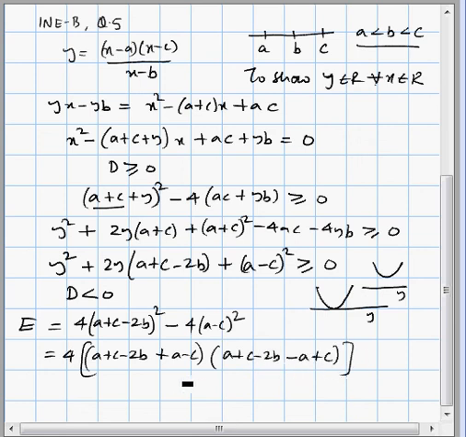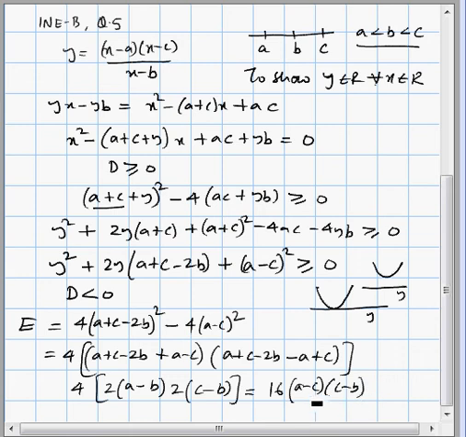We have to show this expression is negative. This is the D expression and we have to show D negative. And this is 4 times, we can cancel c with c, so it is 2 times (a minus b), and this is again 2 times, we cancel out a with a, 2 times (c minus b), so it is 16 times (a minus b) into (c minus b).